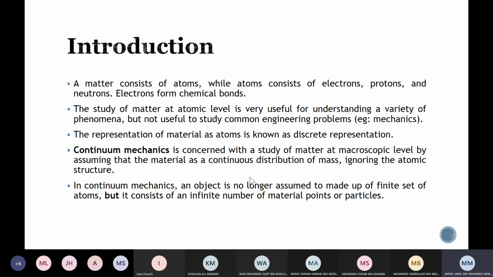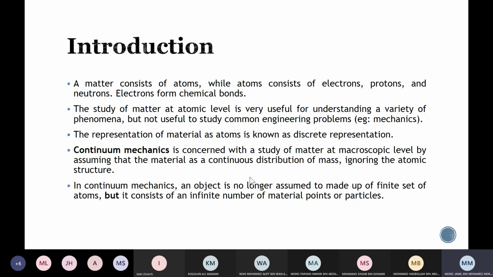For the representation of material as atoms, we can use discrete representation. Discrete means that the data is not continuous. Continuous maksudnya dia bersambungan, there's no void, tak ada void in between a material. Discrete material means that we can see voids ataupun ruang in between the materials.